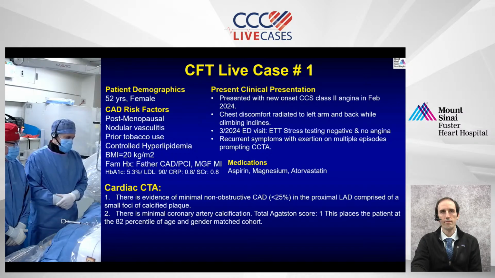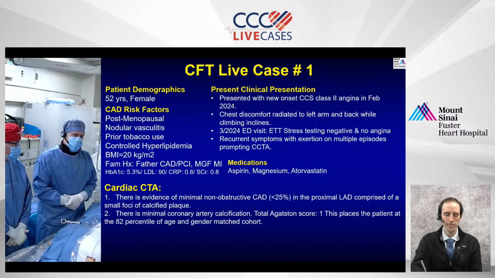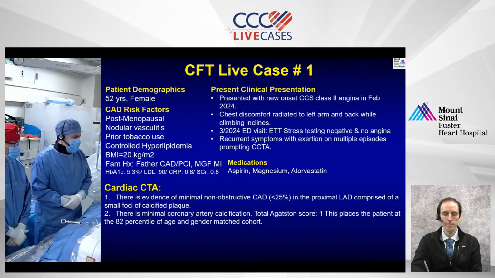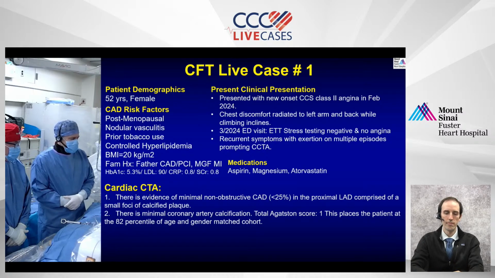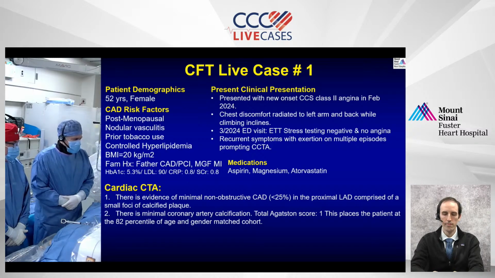She has a family history of a father with known coronary disease who underwent a coronary intervention, and a maternal grandfather that had a myocardial infarction in his 60s. She has laboratory data that shows she's not a diabetic. Her LDL is moderately well controlled at 90. Her CRP is 0.8, her creatinine is 0.8.